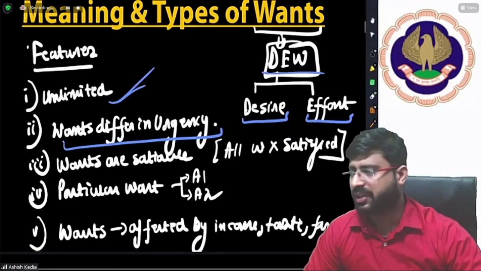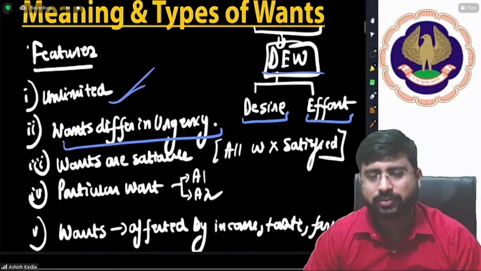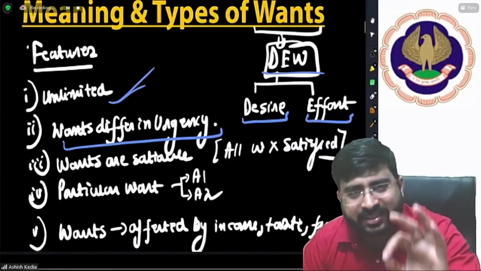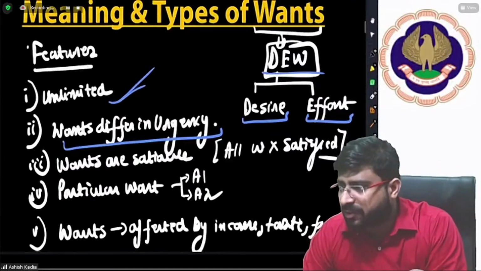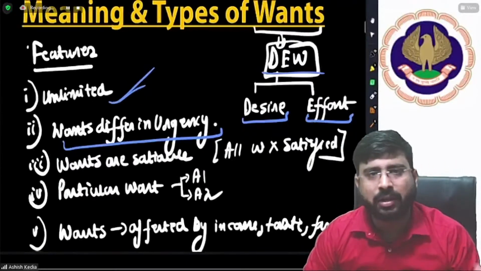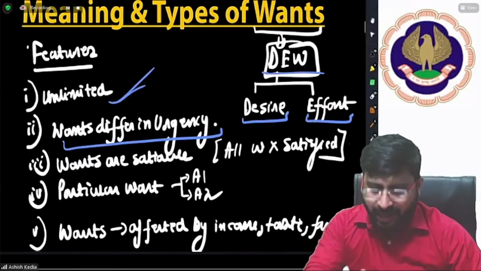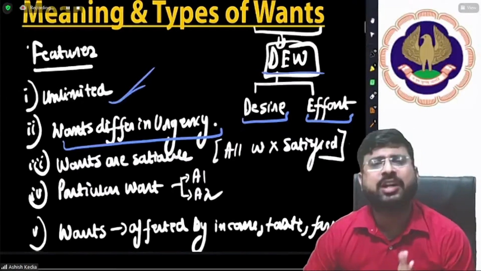Sir, one of our friends is asking, sir, which is the best notes to study? The best notes to study is our institute's book, the ICAI material. Whatever I am teaching from is the institute's material. Study from the institute's material, the first and the foremost thing. And yes, if you want the presentation or my handwritten notes, they are already uploaded.